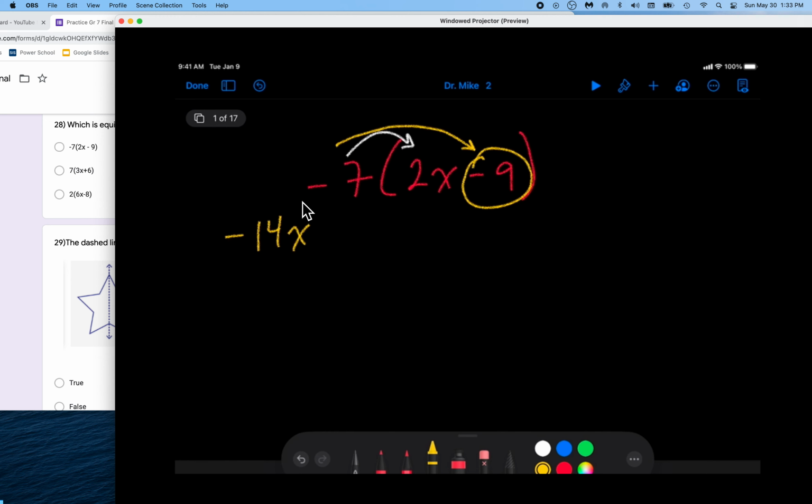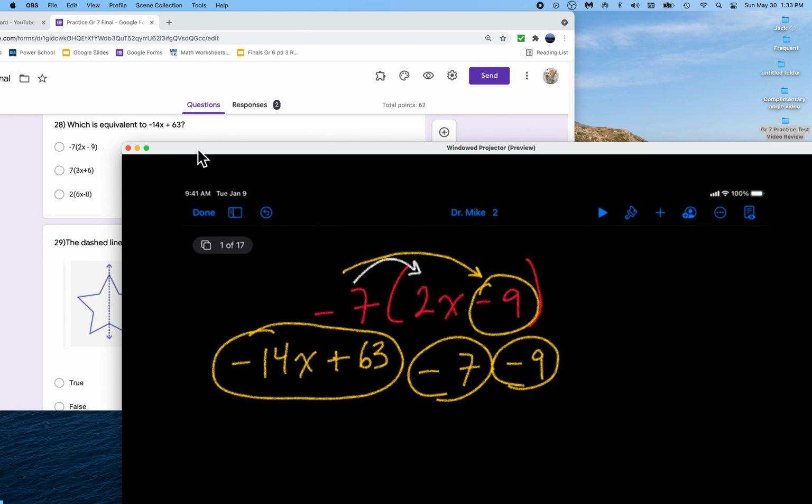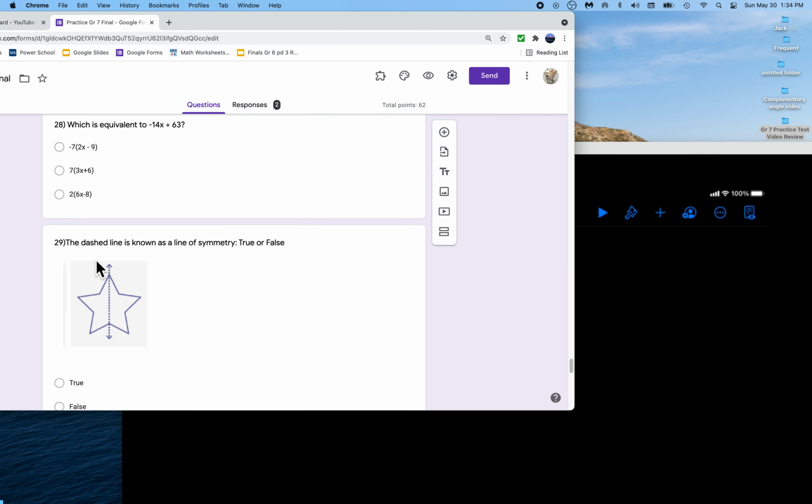Then we have -7 times -9. That's the yellow arrow. Whenever you have a negative times a negative, you get a positive, and 7 times 9 is 63. That matches what's in the stem of this question, therefore that's your answer. No need to do these.